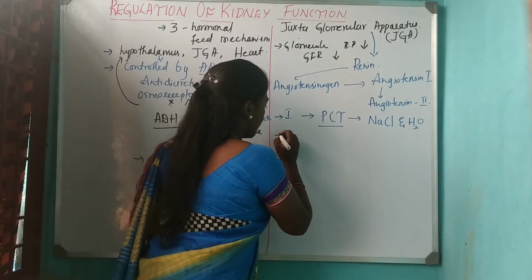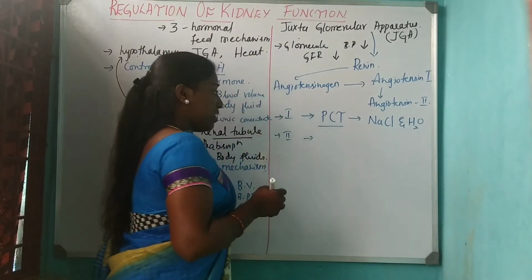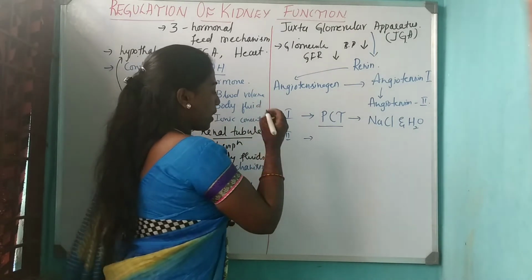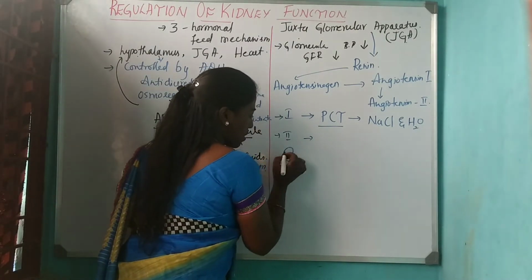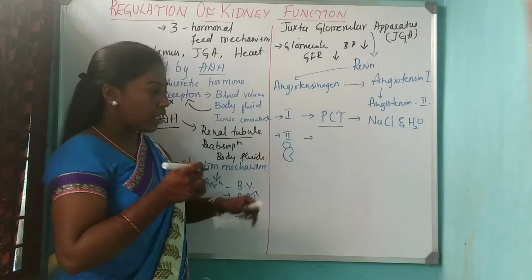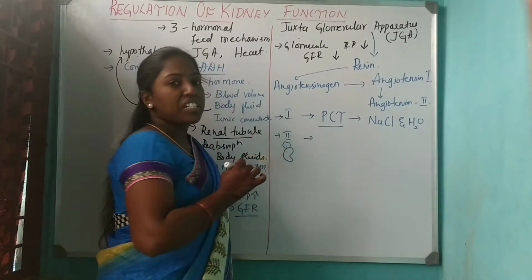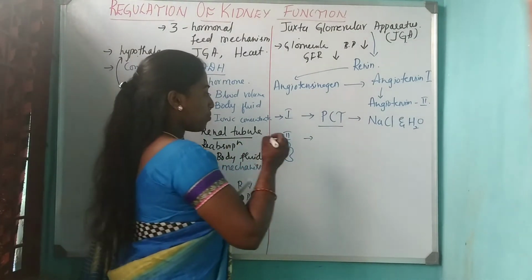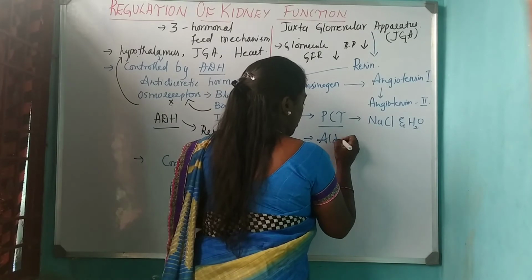Then secondly, it will act on the adrenal gland, which is located just above the kidneys. It will stimulate the adrenal gland and make them produce aldosterone.